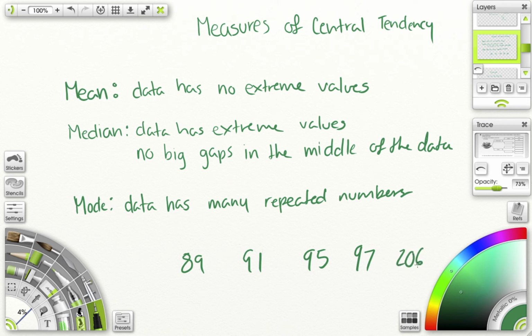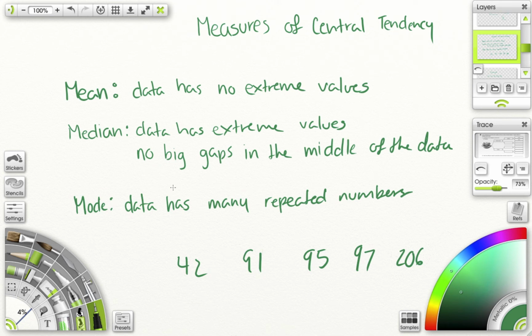I would use median in this instance because I have a really huge jump in this set of data where all the others tend to be pretty similar. So if there are really big extreme values, or a huge difference, like let's say instead of 89, this number was 42, I would use median in this case because there's a huge variation in these values.